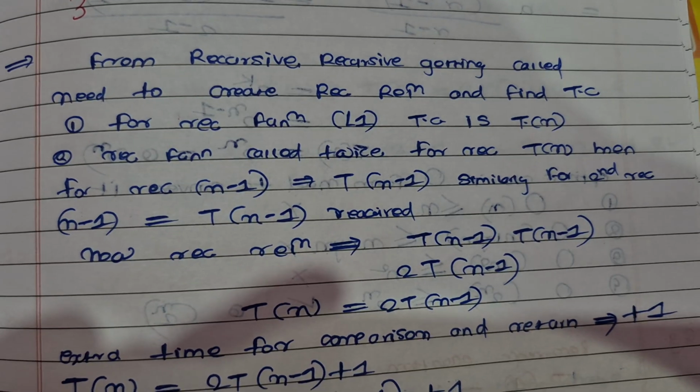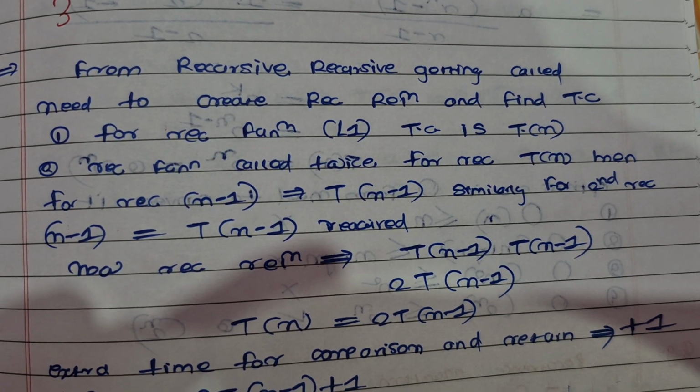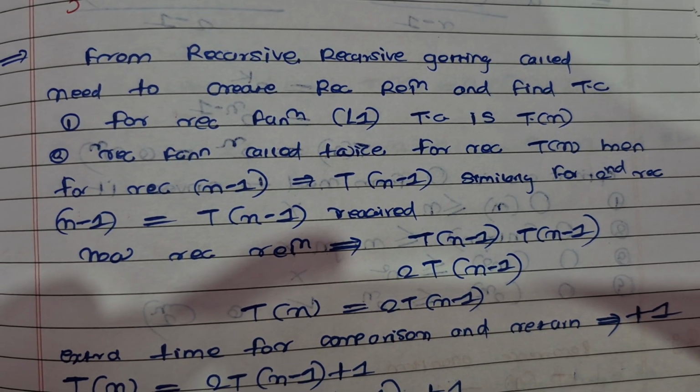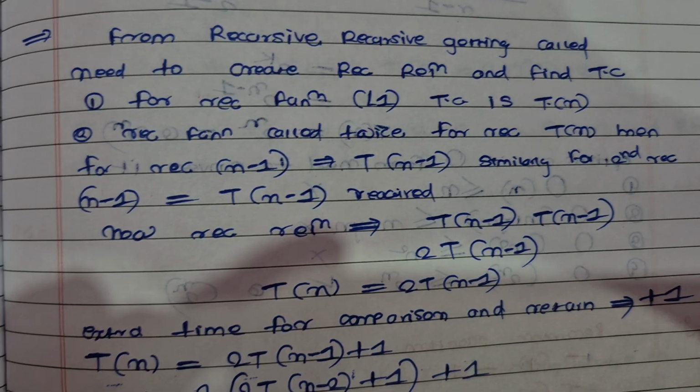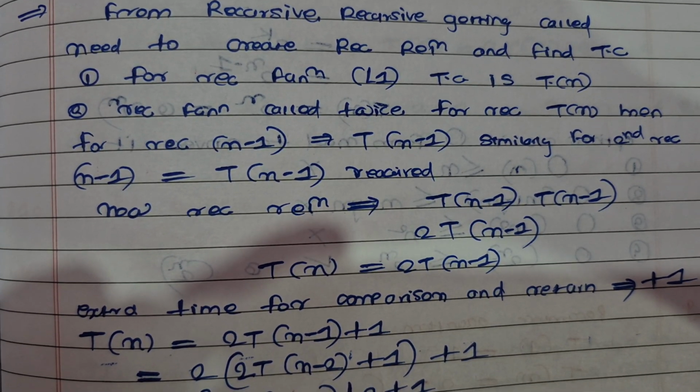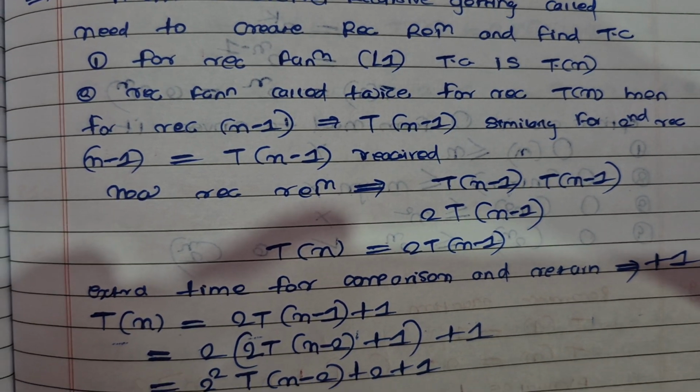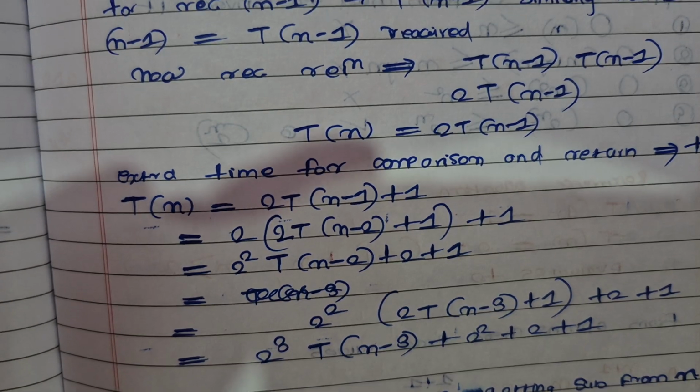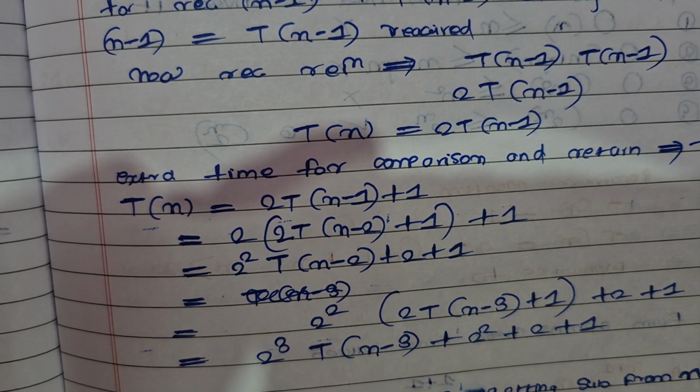So the recurrence relation becomes T(n-1) + T(n-1), that is 2T(n-1), plus 1 for the extra time for comparison and return. T(n) = 2T(n-1) + 1.